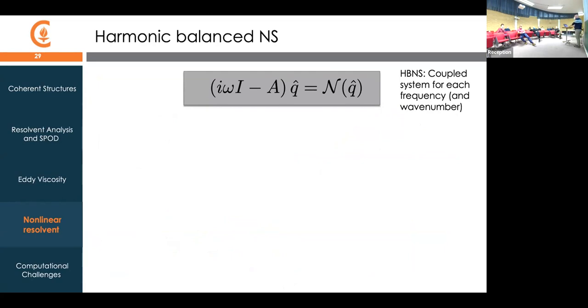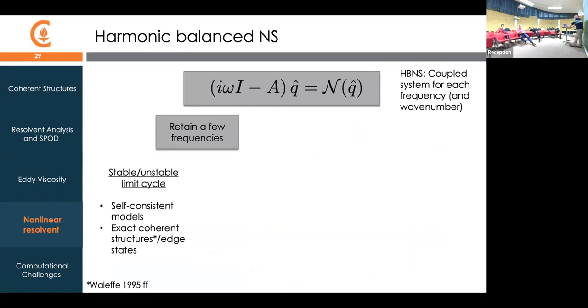So let me close with a few remarks about computational issues. Starting at the end there, where we had the harmonic balanced Navier-Stokes equations, we can write Navier-Stokes down in the frequency domain as we have here.